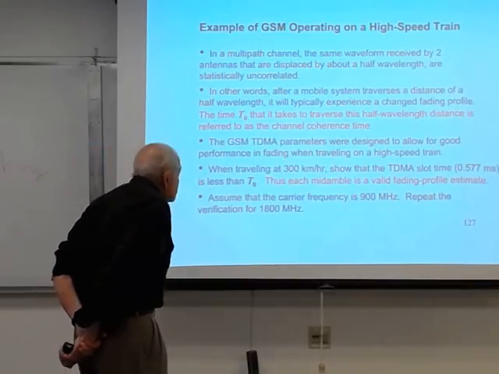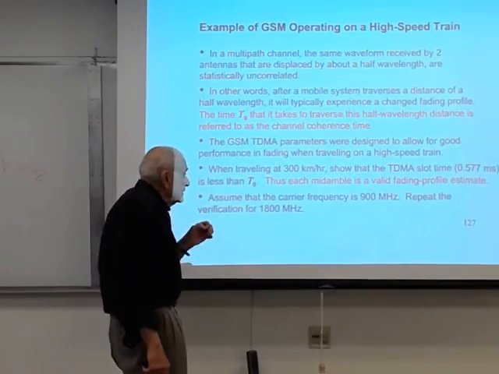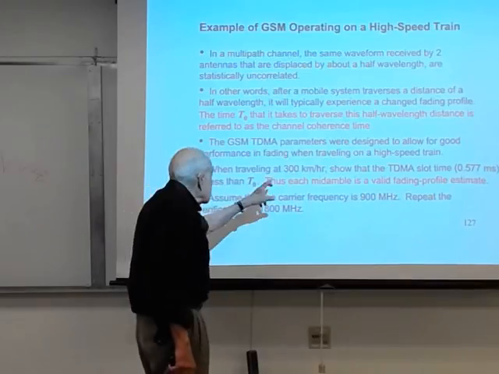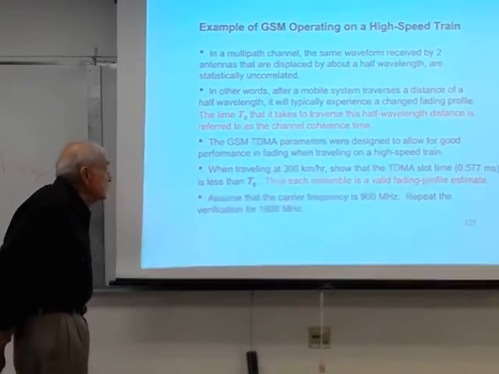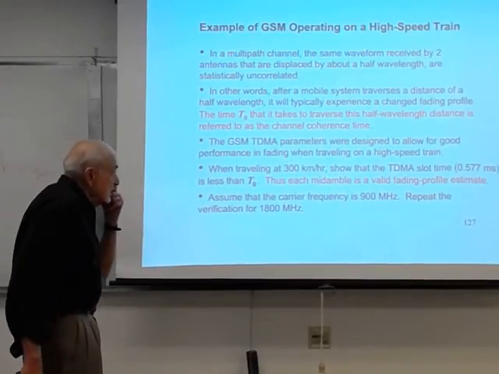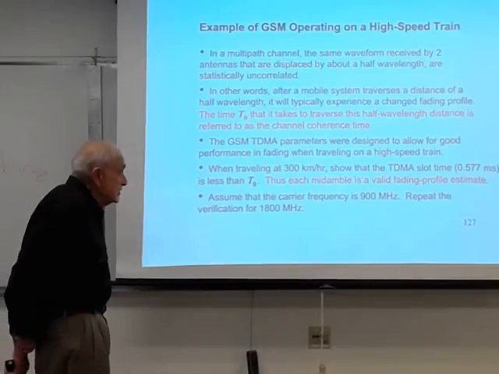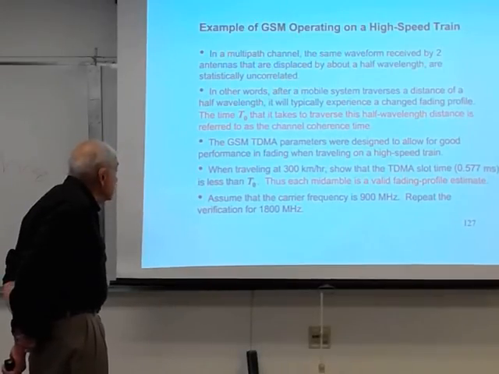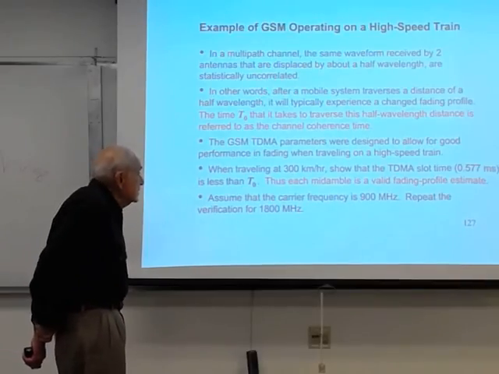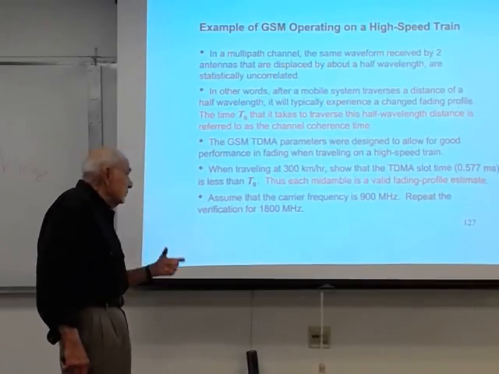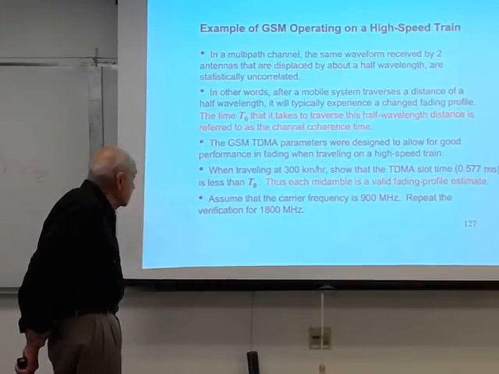The GSM TDMA parameters were designed to allow for good performance in fading when traveling on a high-speed train. Let's take 300 kilometers per hour as a high-speed train and show that the TDMA slot time, which has been designed to be exactly 0.577 milliseconds, is less than T0. Thus, each midamble, allowing synchronization, is a valid fading profile estimate.